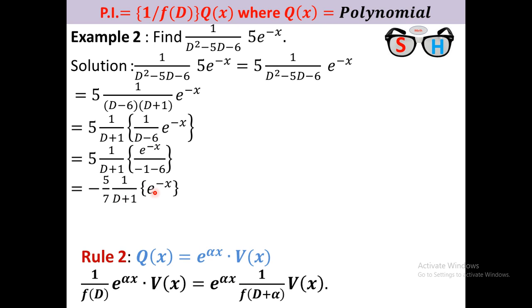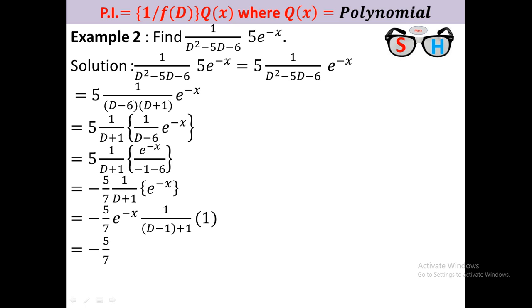Here alpha is -1, so you replace D by D minus 1. Therefore minus 5 by 7 e to the power minus x, 1 by D minus 1 plus 1 of 1. And this will be 1 by D of 1, which means integration of 1. Integration of 1 means x, that is, minus 5 by 7 x e to the minus x. This is the result.